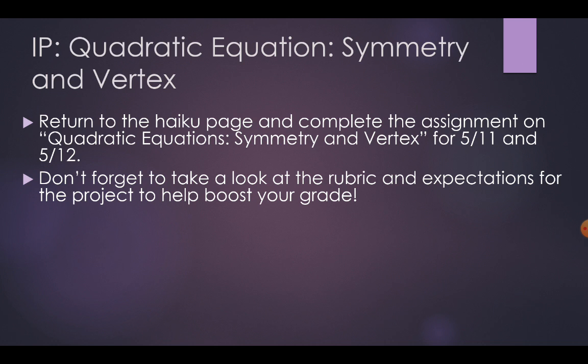On your IP, you're going to have to find the zeros, then you're going to find the axis of symmetry using the equation negative b over 2a. Then, once you find your axis of symmetry, you can plug that x value into your original equation to find y, and then you'll have your vertex point. And then you can graph, and don't forget to tell me the direction, so either up like a cup or down like a frown.